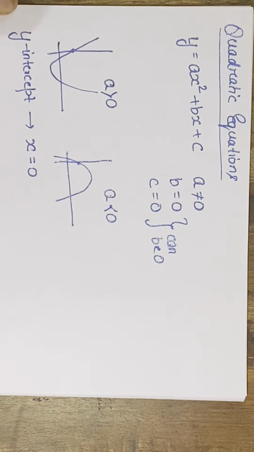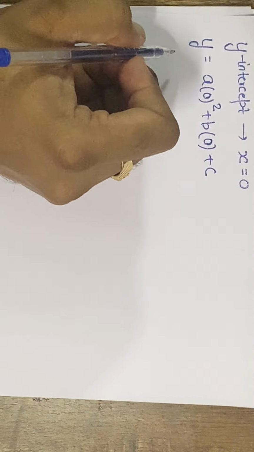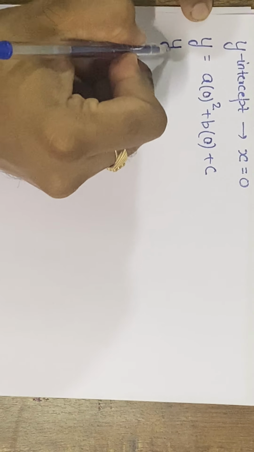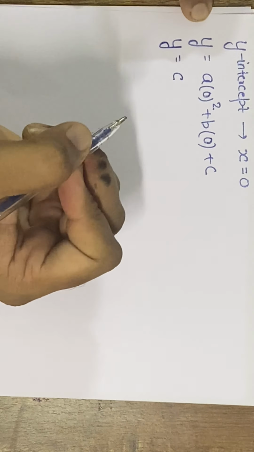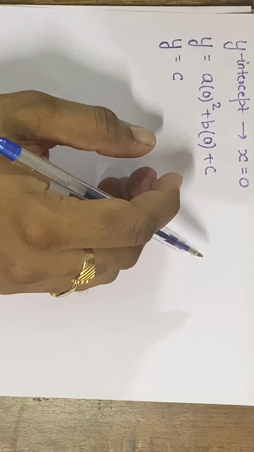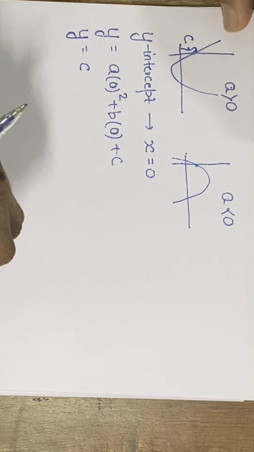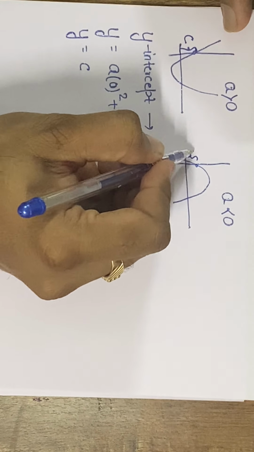If we substitute x equals 0 in the equation, we get a times 0 squared plus b times 0 plus c, which means y will be equal to c. It means that this distance will be your c.